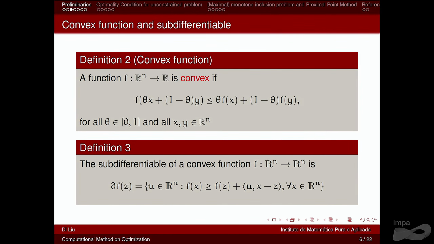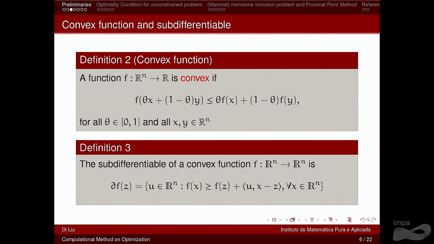Of course, here we define f with the domain being the whole space. But if your domain is not the whole space, it must be a convex set, or this convex combination doesn't make any sense. So if we study convex functions, it will give you a lot of convenience, for example, in the convergence analysis.